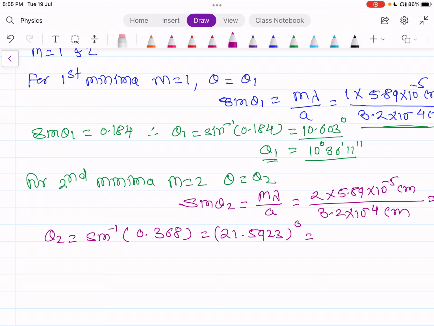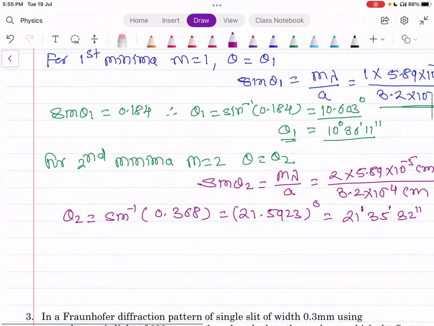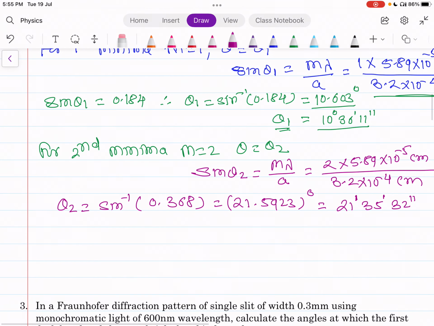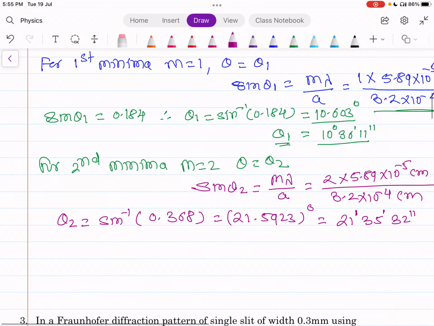This is equal to 21 degrees 35 minutes and 32 seconds. So the first minima occurs at an angle of 10 degrees 36 minutes 11 seconds, and the second one occurs at 21 degrees 35 minutes and 32 seconds.